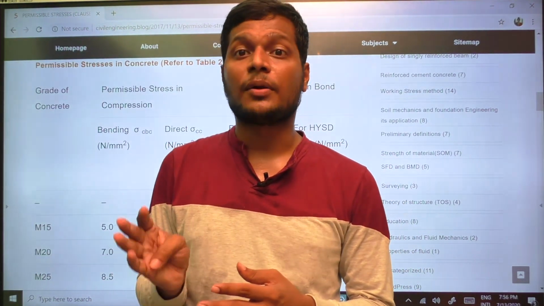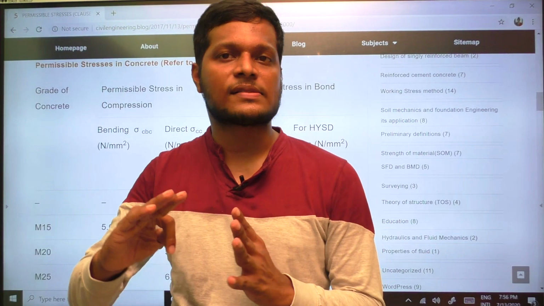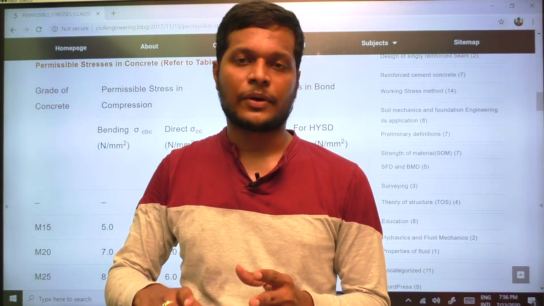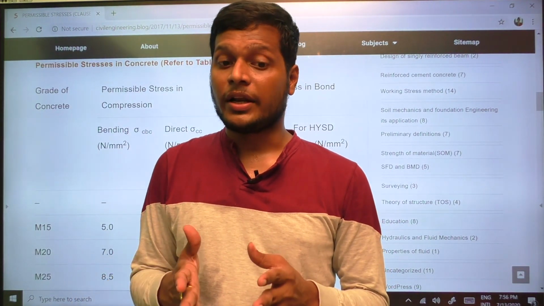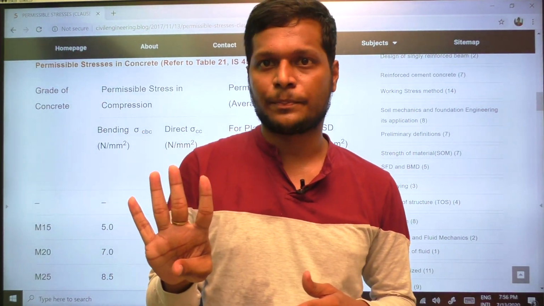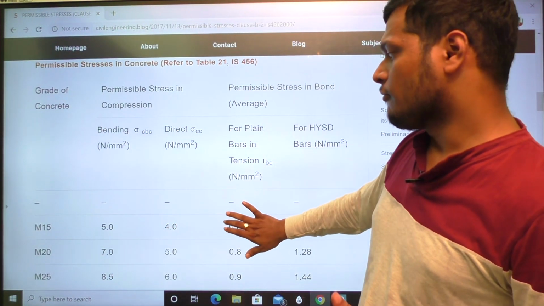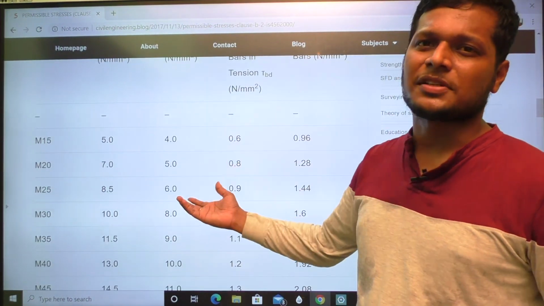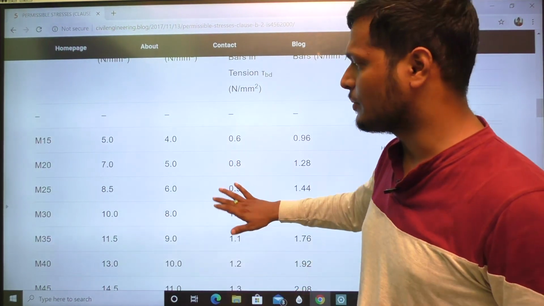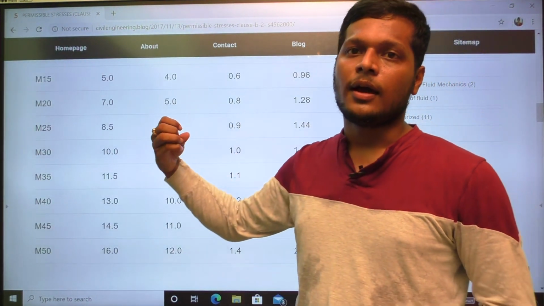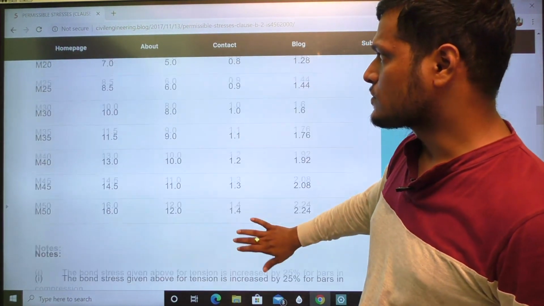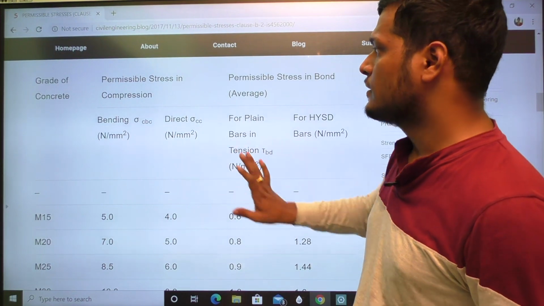For steel, 1.8, it is exactly 1.78, but for examination approximately you can take 1.8. And for concrete in compression, that is sigma CC, you can take approximately 4. So here are the approximate values. You can get this table very easily on the internet. By dividing with 3 and 4 you can get the values very easily, for sigma CBC and sigma CC.